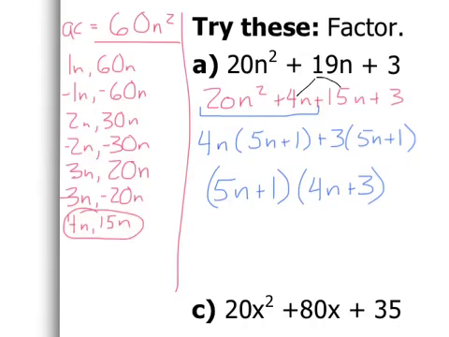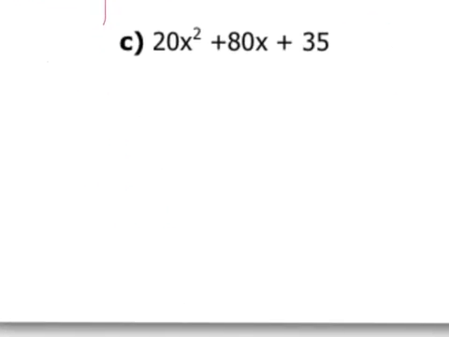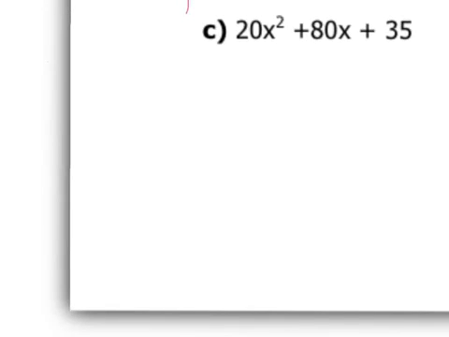All right, so let's look at C together, okay? So on C, what should I try based on my factoring cheat sheet? A GCF. Is there any number you can divide out of 20x squared, 80x, and 35? Definitely a 5, right? Because they're all ending in a 5 or a 0. So let's try that first.